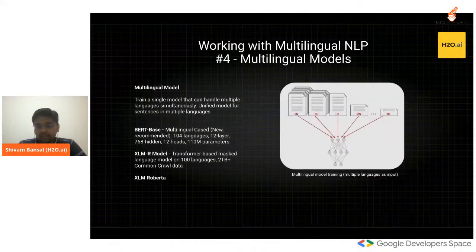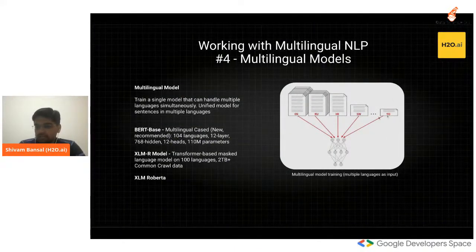An advancement over multilingual embeddings is multilingual models. This is another approach that we have used in the multilingual approach of the Driverless AI H2O platform, where we have trained dedicated models combining input data from multiple languages.